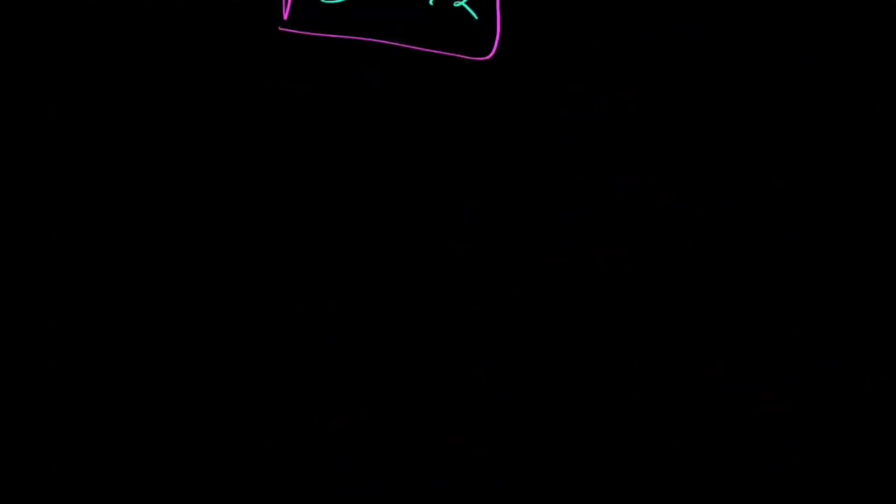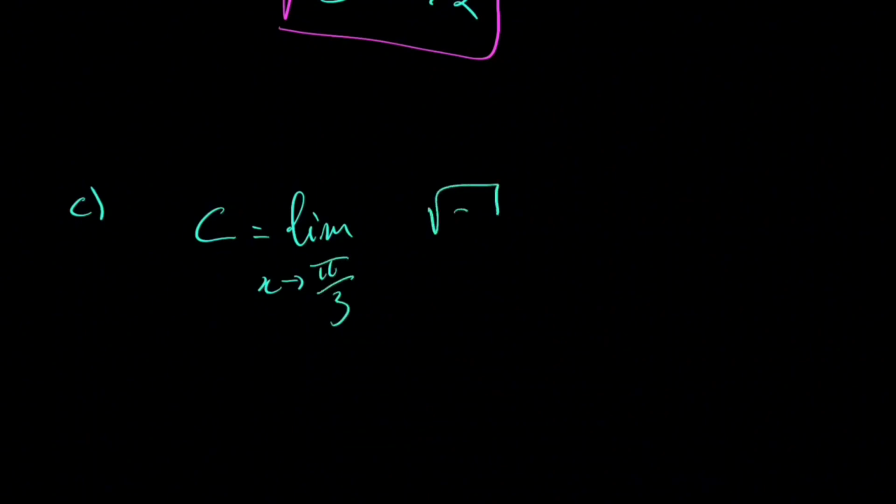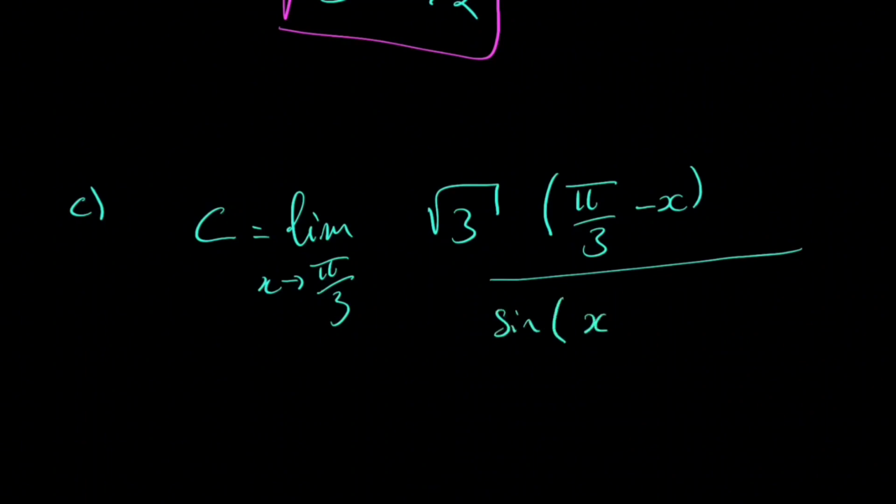Now let's compute the third limit, c. So c is equal to the limit when x tends to pi over 3 of square root of 3 times pi over 3 minus x over sinus of x minus pi over 3. Here we have a problem in pi over 3 because we will divide by sinus of 0, which is equal to 0.